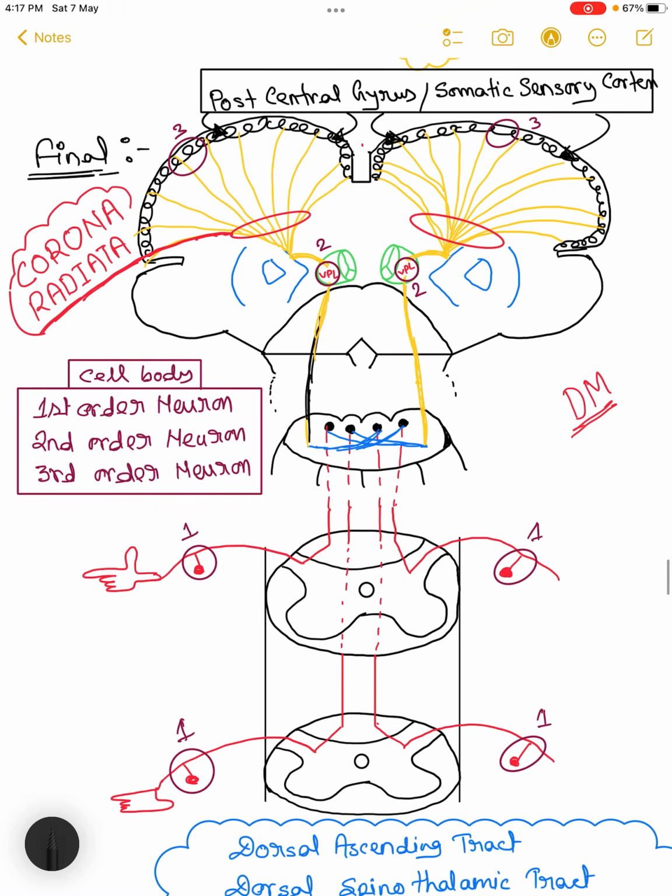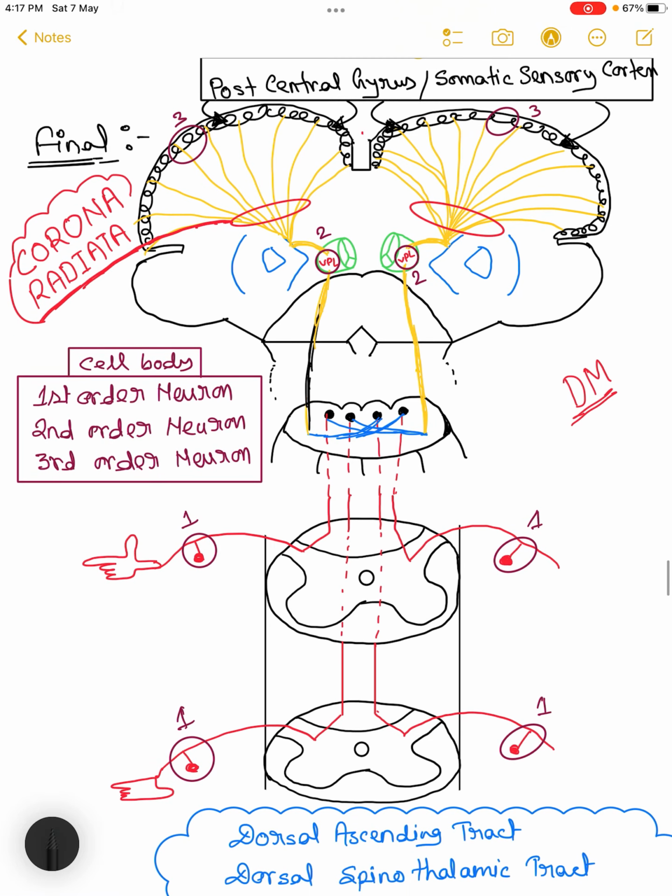Now there is another concept you have to know, so focus here. We talked about in the textbook the first order neuron, second order neuron, third order neuron. You can very easily say according to the cell bodies, so focus on the cell bodies. Now come to here.